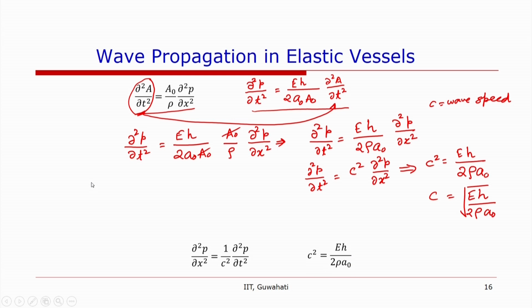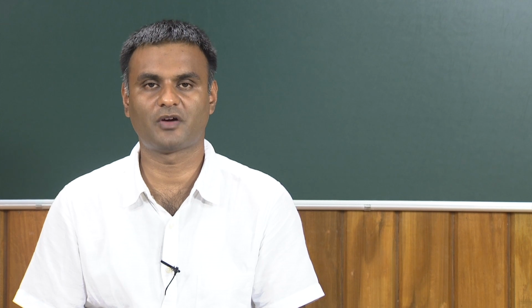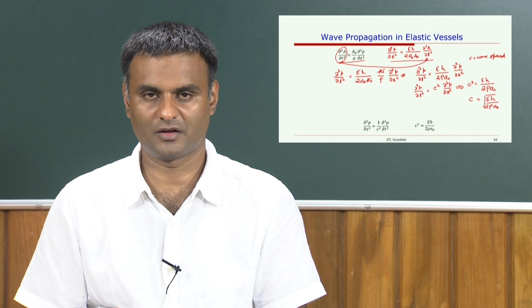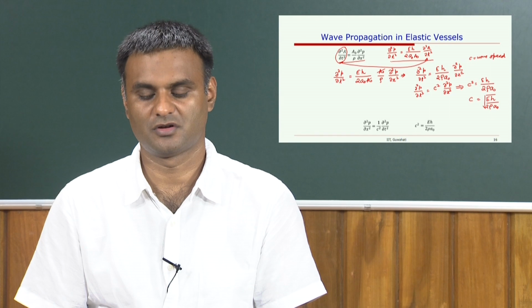Okay, this is what we have obtained, and then we know from our mathematics courses how to solve a wave equation, and a solution can be found out. A similar equation can be found for u also, for the fluid velocity u.